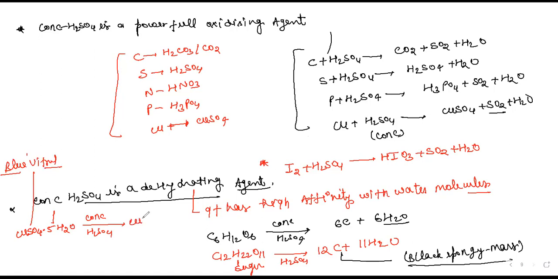So it will give copper sulfate plus 5H2O. It is blue, but it becomes colorless because it releases its crystal water molecules. And the color of such a compound is due to crystal water molecules, isn't it? Yes, sir. So please note it, beta, the oxidizing property and dehydrating property.